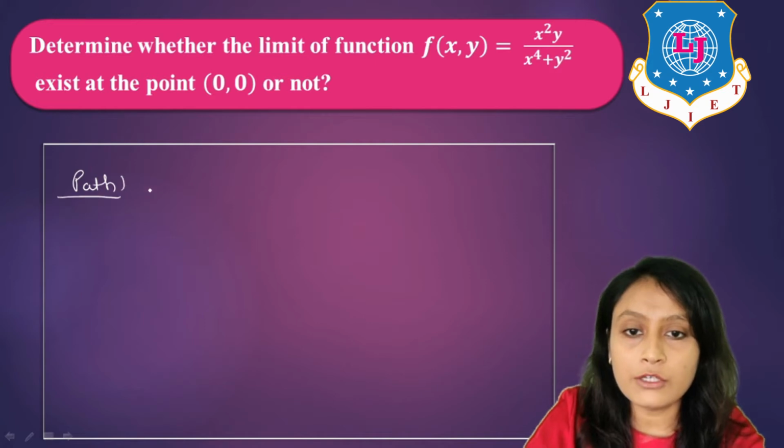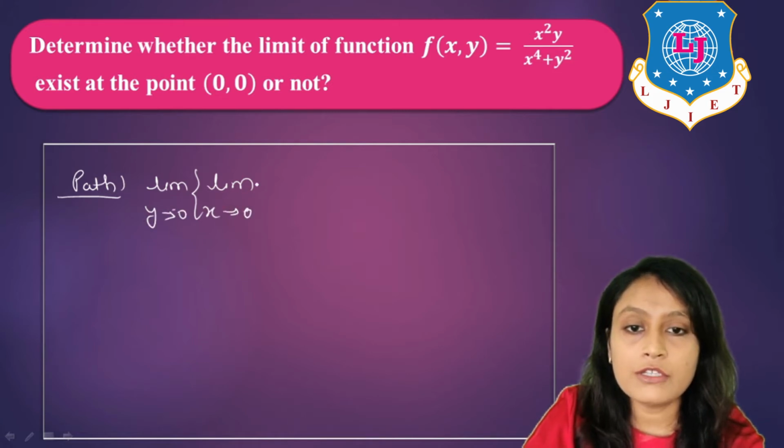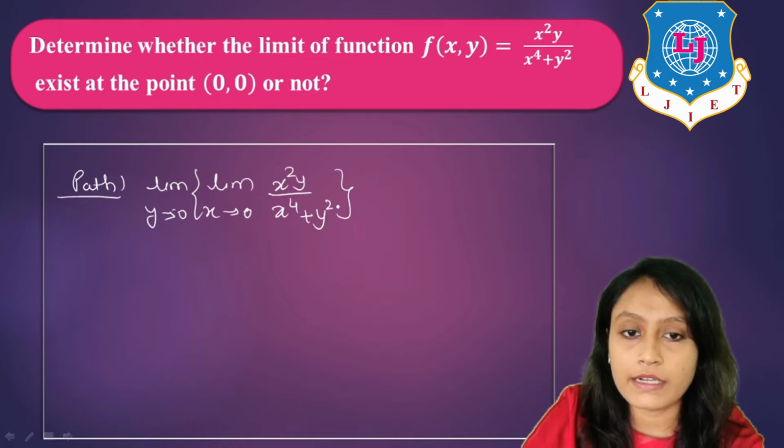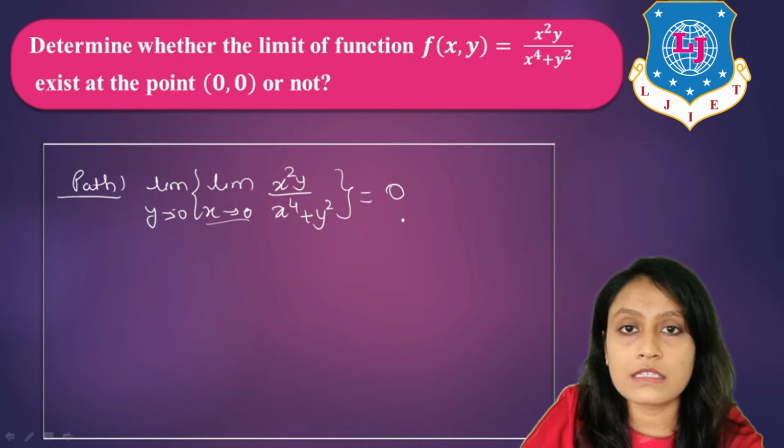Here we will apply the limit of x first and then the limit of y. The function is x square y upon x raised to 4 plus y square. In place of x, firstly we have to substitute 0, so you will get answer 0.